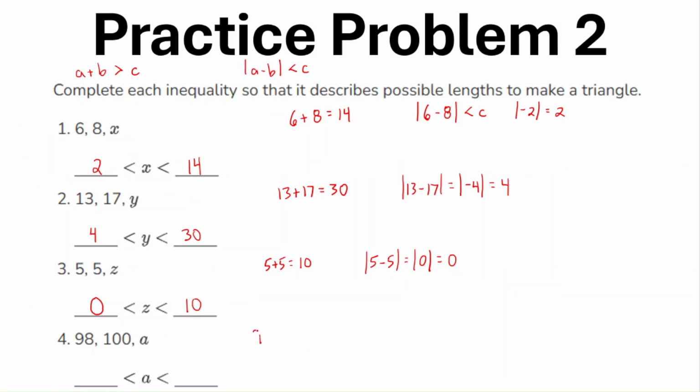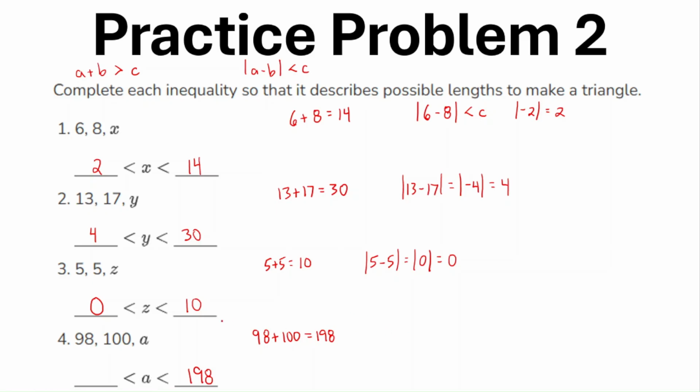We say that 98 plus 100 equals 198, so our side length must be less than 198. Otherwise, when I add 98 and 100, it's not long enough to reach both ends of 198 and have leftover to pop out and form the triangle.